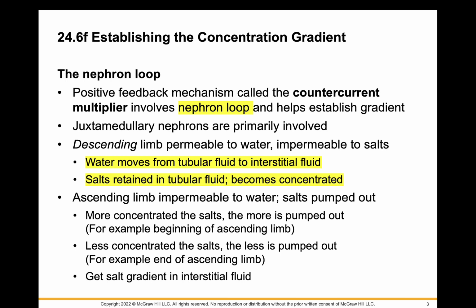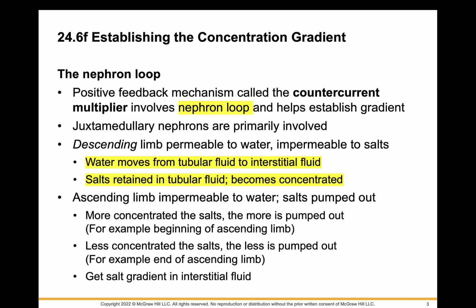The ascending limb is impermeable to water, so it cannot follow the salt leaving. Salts are actively pumped out, and keep this in mind: the more concentrated the salts, the more will be pumped out. This will be happening at the beginning of the ascending limb of the nephron loop.